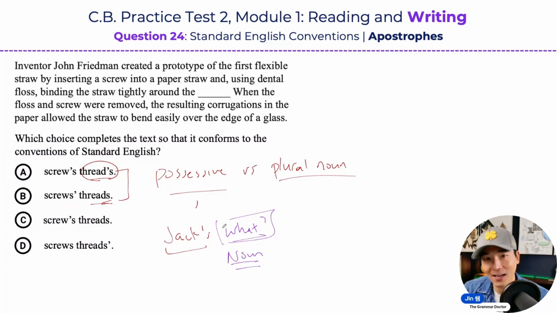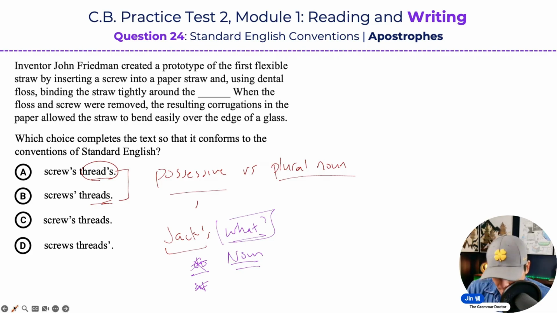You can't have a verb between these two nouns, because that doesn't show possession. And you can't have prepositions either. You can't say Jack's to book. It doesn't make any sense at all. So you have to have these two nouns next to each other, okay?